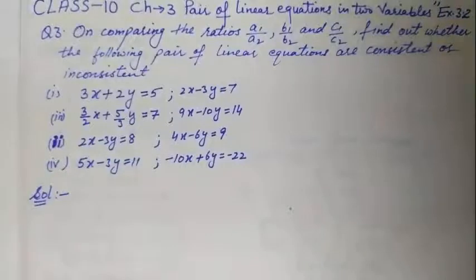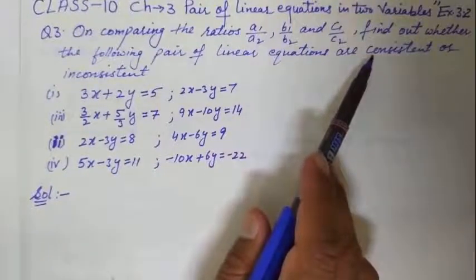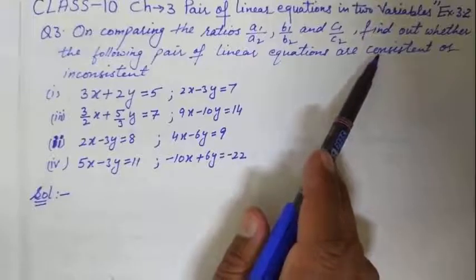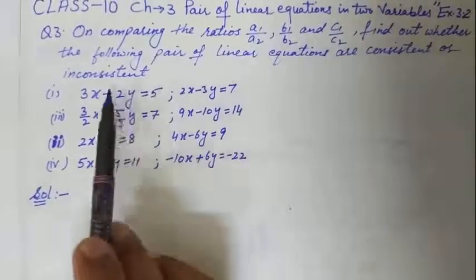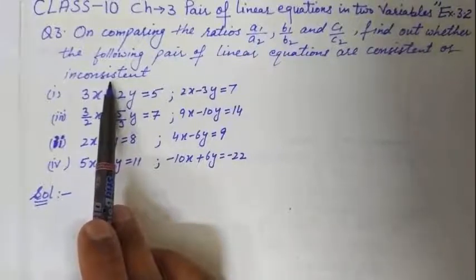We have discussed this earlier also. When the pair of lines has one solution or many solutions, then this pair of lines is called consistent, and when it has no solution, then these lines are parallel. In this case, we say that this pair of lines is inconsistent.